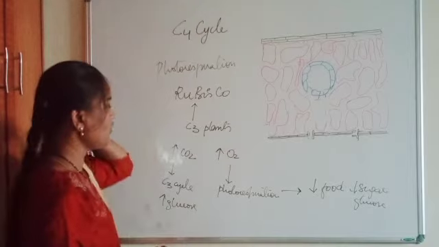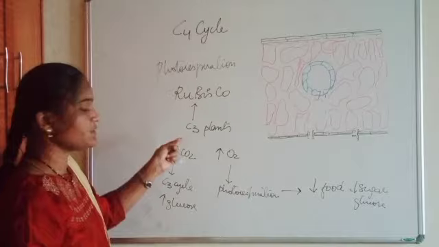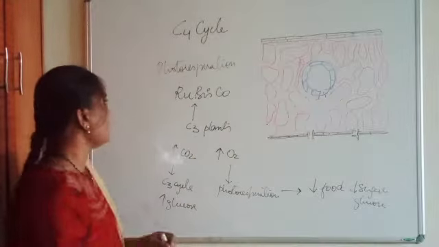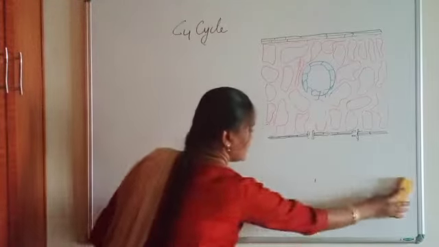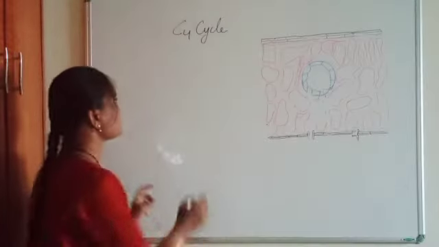Got it? So this is photorespiration compared between C3 plants and C4 plants. C4 plants lack photorespiration.